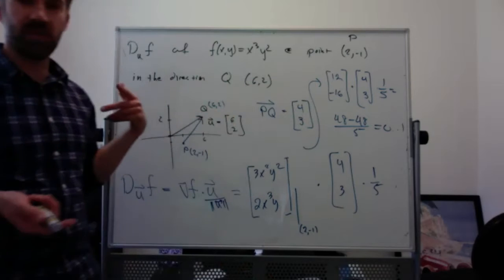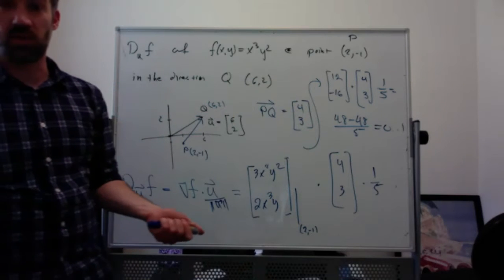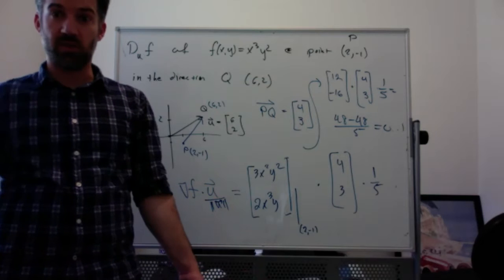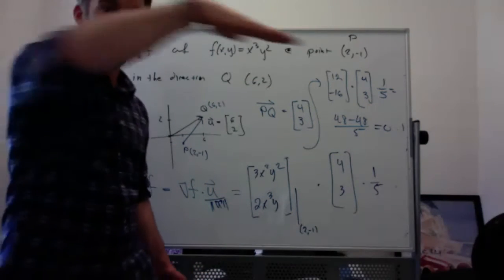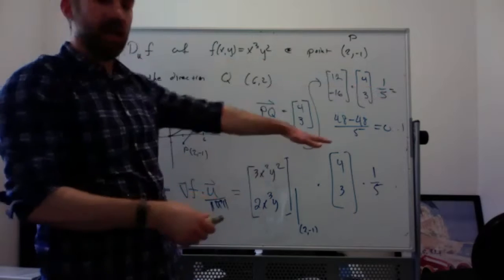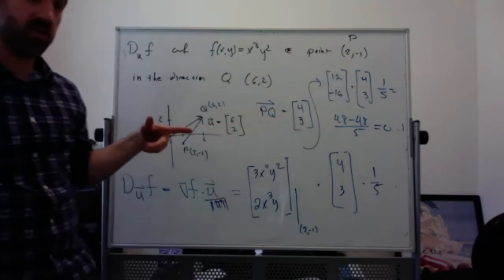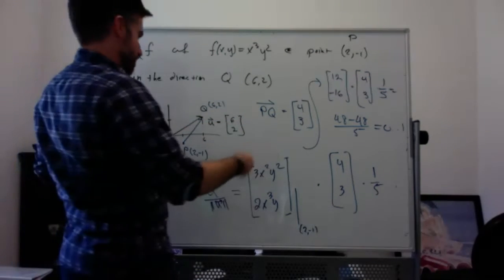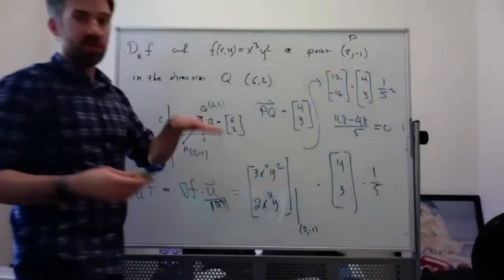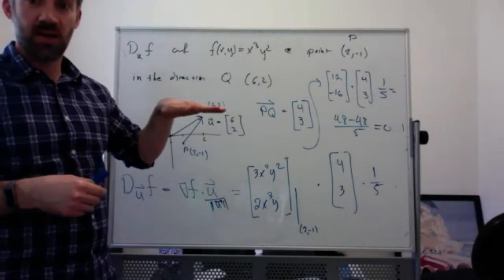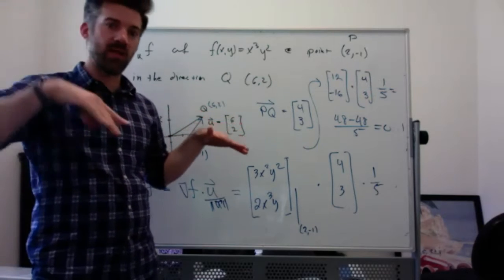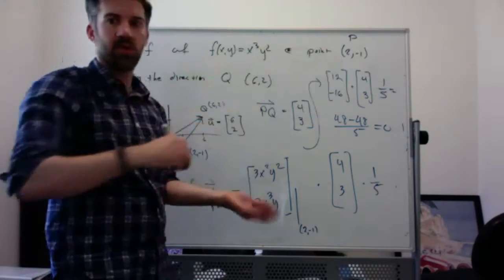So if you get a derivative that's 0, just like in 2 dimensions, it means you have a maximum or a minimum because you've topped out, and the tangent line is horizontal and the slope is 0. Same kind of idea here. This means that if you're traveling in this direction from this point, you're going to be staying at the same height on your mountain. So it's kind of like if you didn't want to go up or down the mountain, you just wanted to walk around and circle it, that's what it would be.